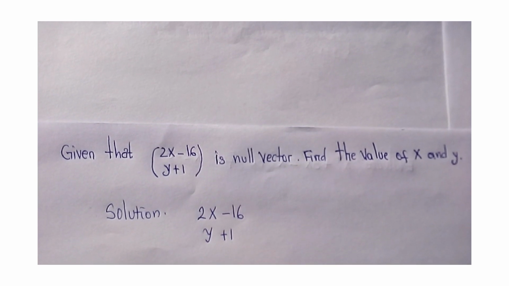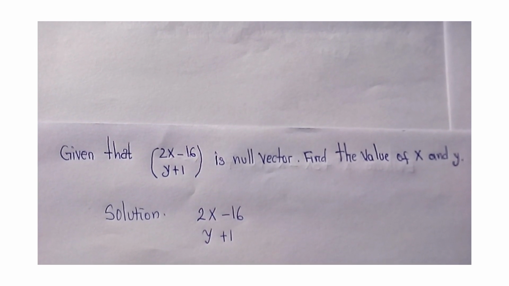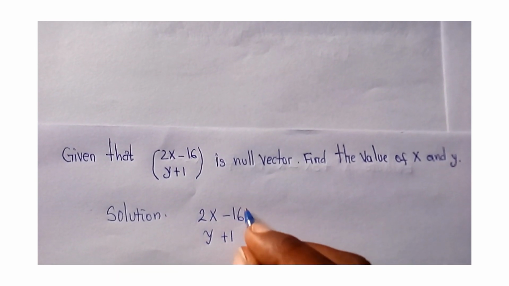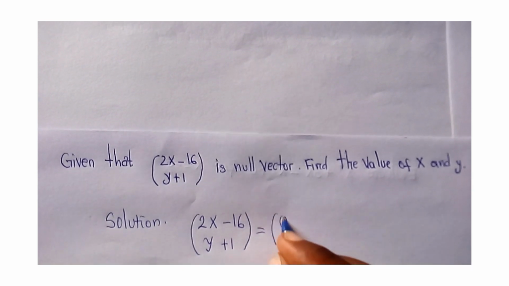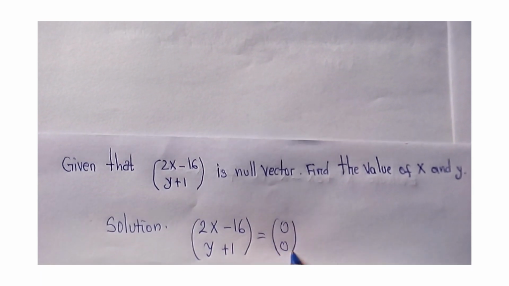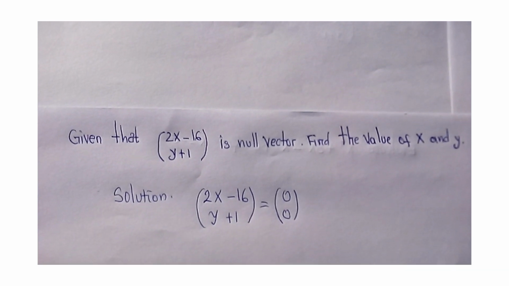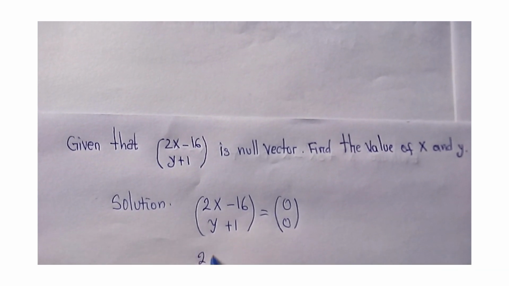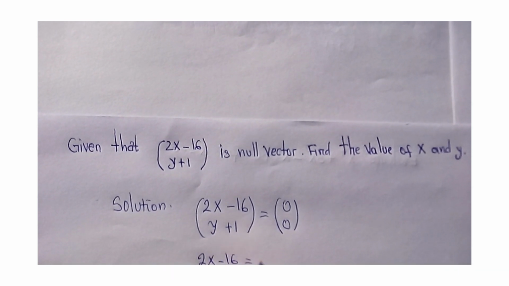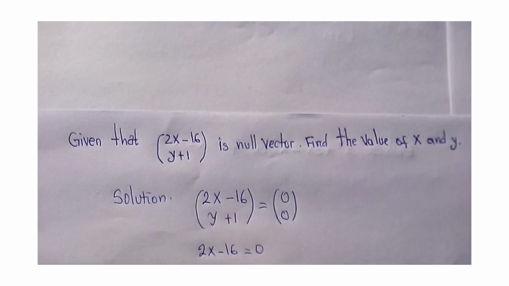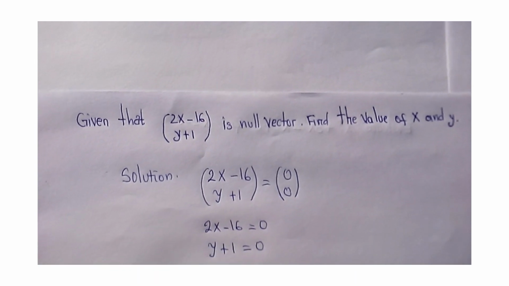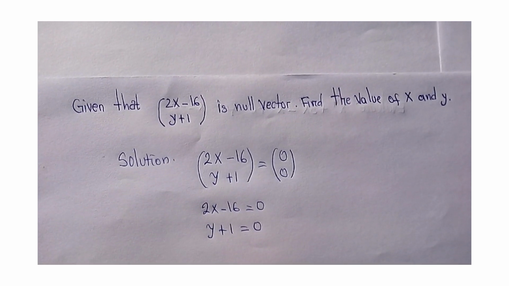Since the magnitude is 0, we equate it with 0 and solve for x and y. So we have 2x minus 16 equal to 0, and y plus 1 equal to 0.